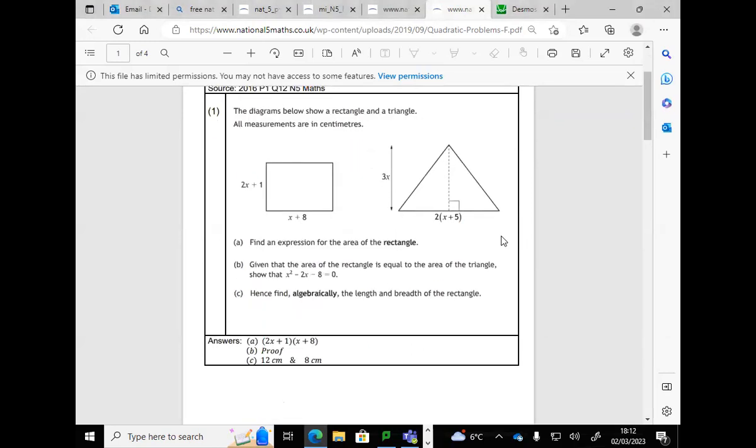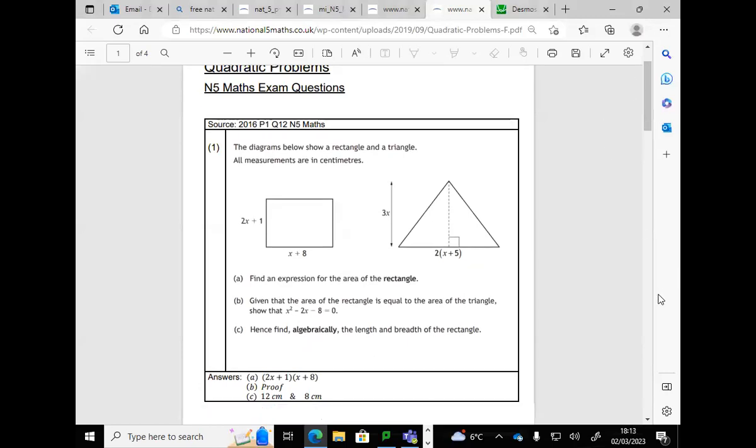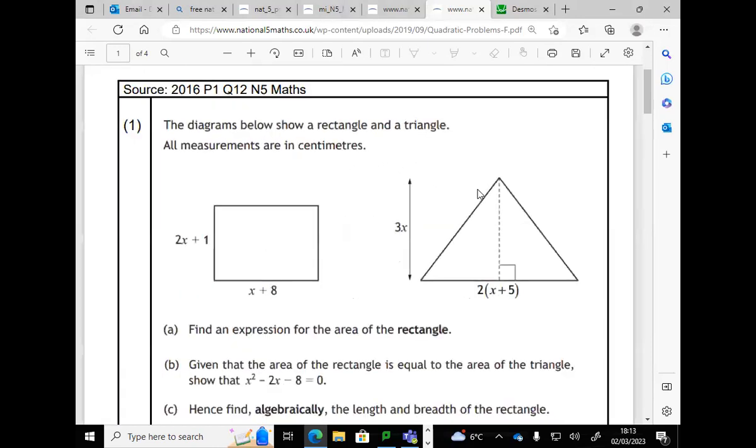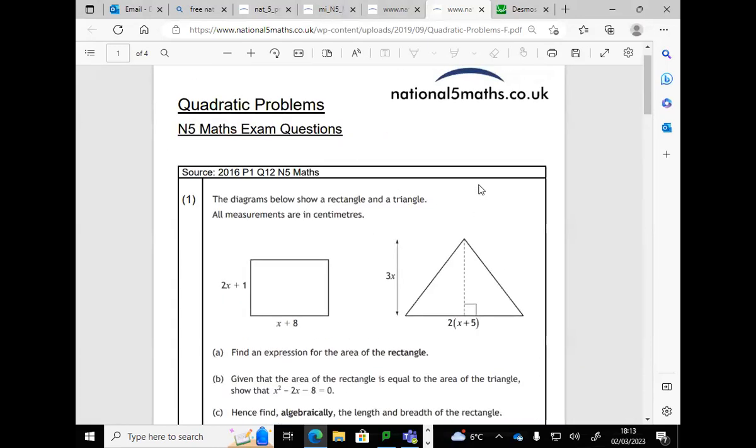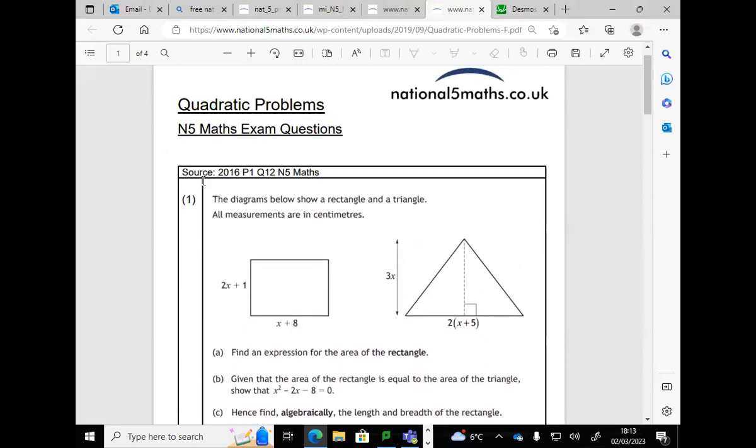Okay, so as I said, I handed this out on Tuesday, so hopefully you've got this in front of you. I'll stick it up on the screen as well as we're working through it. Don't try and copy down the question because there's quite a lot of it. Just copy down what it is: the past paper 2016, paper 1, question 12.